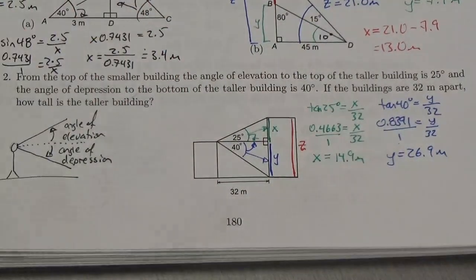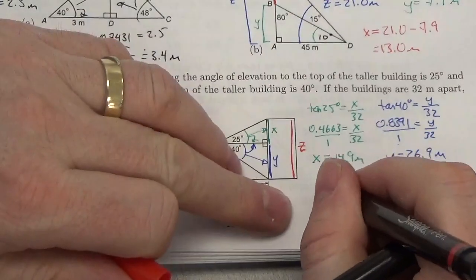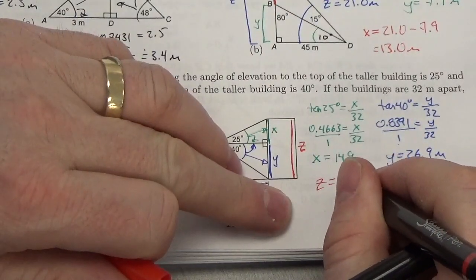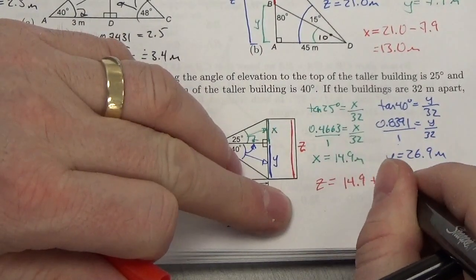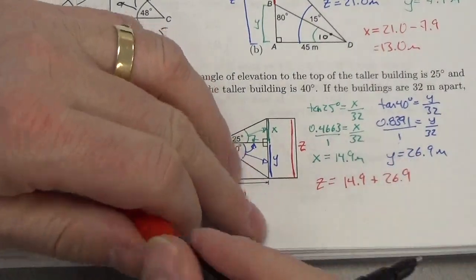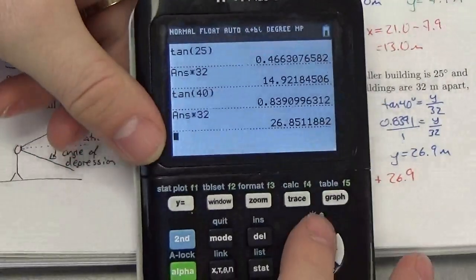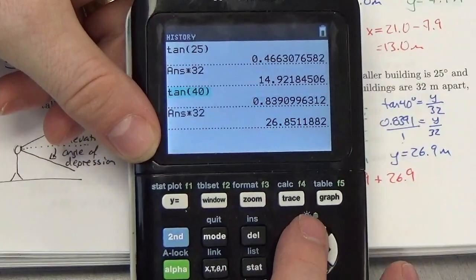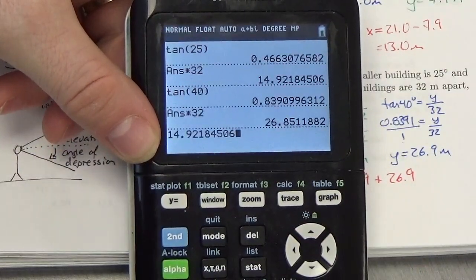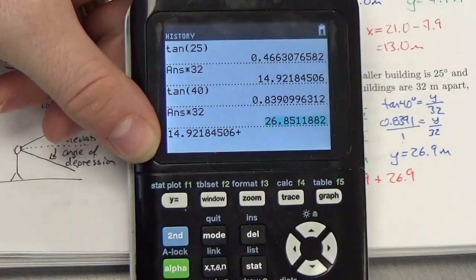And now what I want to do is add those two numbers together. So the z that I'm looking for is going to be 14.9 plus 26.9. But I'm going to go to my calculator, and I'm going to go grab those numbers. So 14.9 right there, plus 26.9.